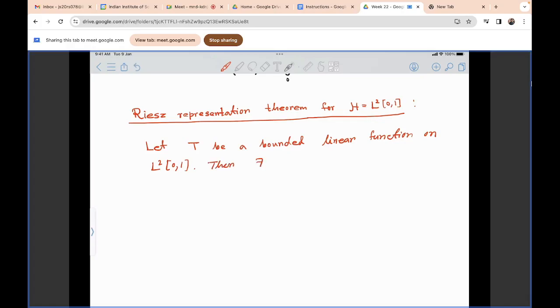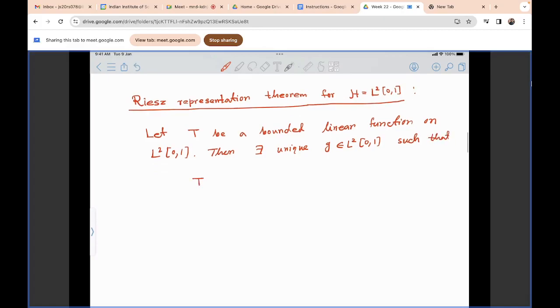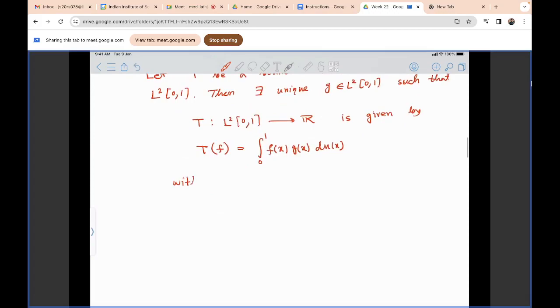Then there exists a unique g in L2[0,1] such that T, which is a map from L2[0,1] to R, is given by T of f equals the integral from 0 to 1 of f(x) g(x) d mu(x), with the functional norm of T being the same as the L2 norm of g.